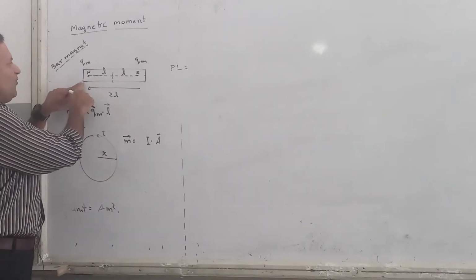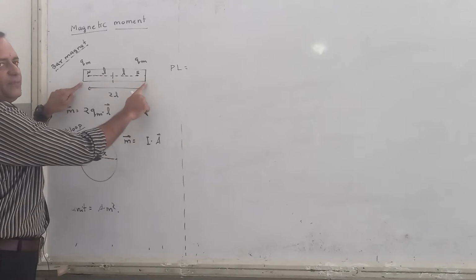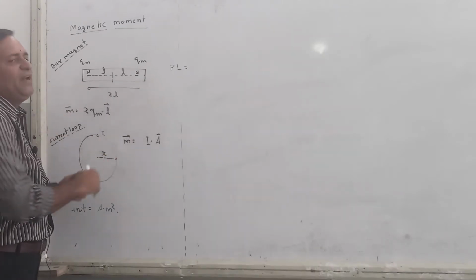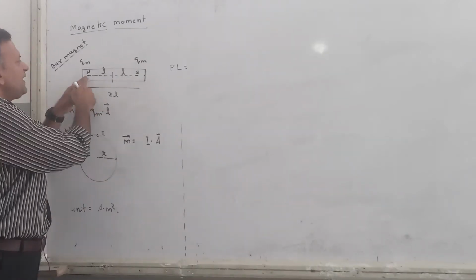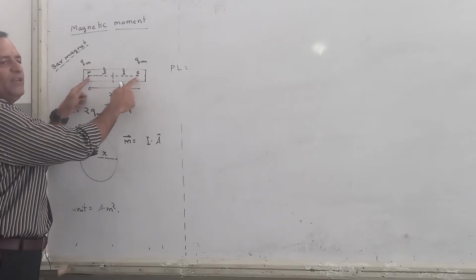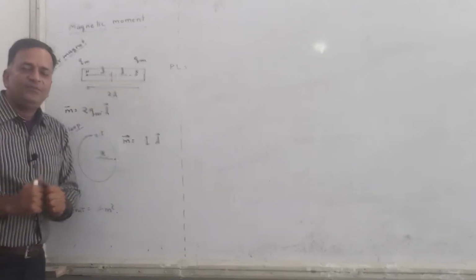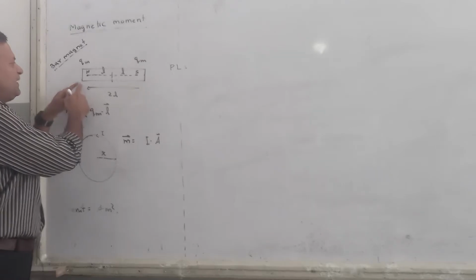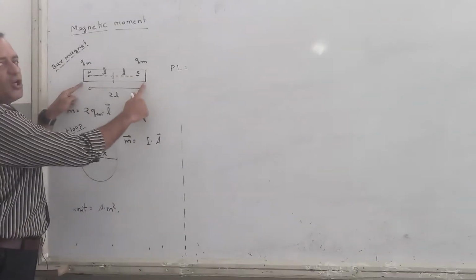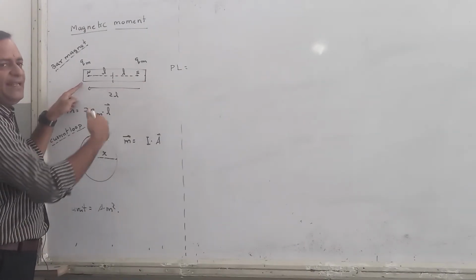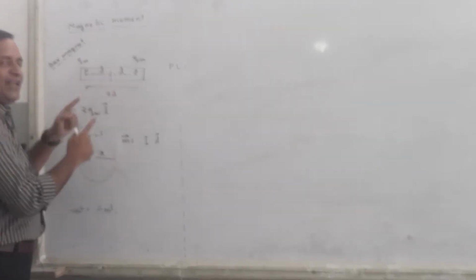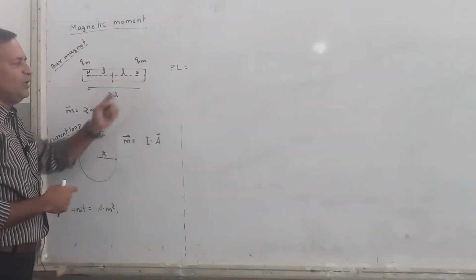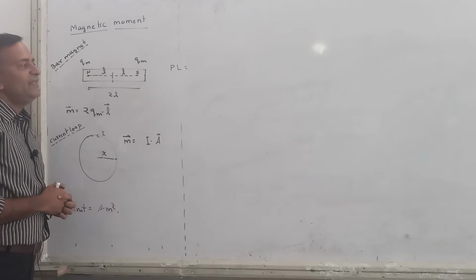If the length of the magnet is 5 centimeters, then the distance between north pole and south pole will be 4 centimeters. If you measure that the distance between one corner and another corner of a bar magnet is 10 centimeters, then the actual distance between north pole and south pole will be only 8 centimeters.